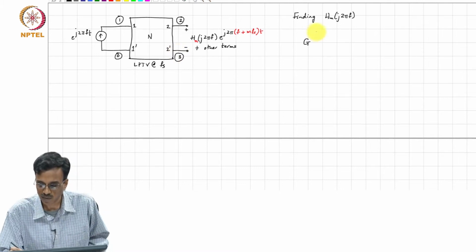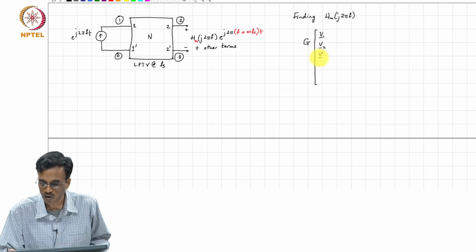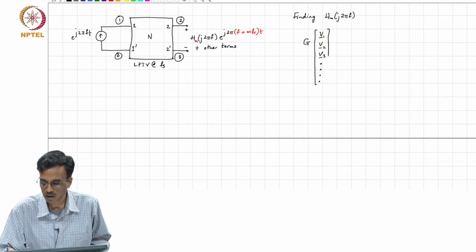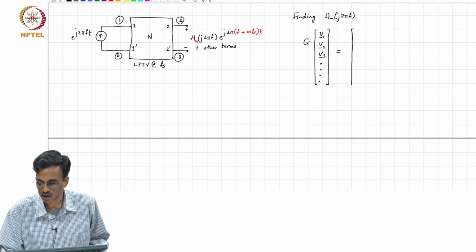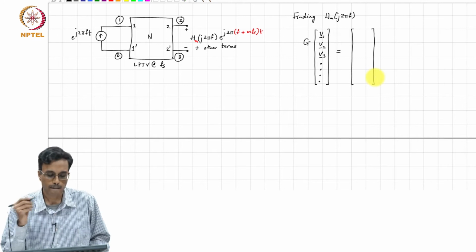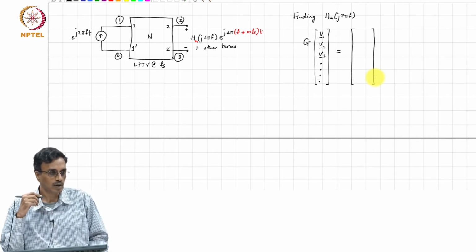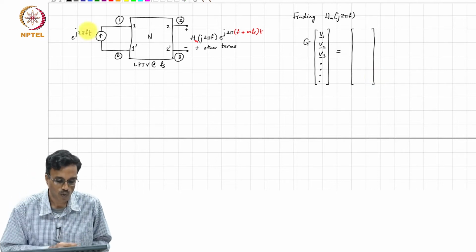G times the voltage vector, that is basically V1, V2, V3 and a whole bunch of other terms, equals the current source vector that is going to be exciting the input port, and that must be 1, very good.